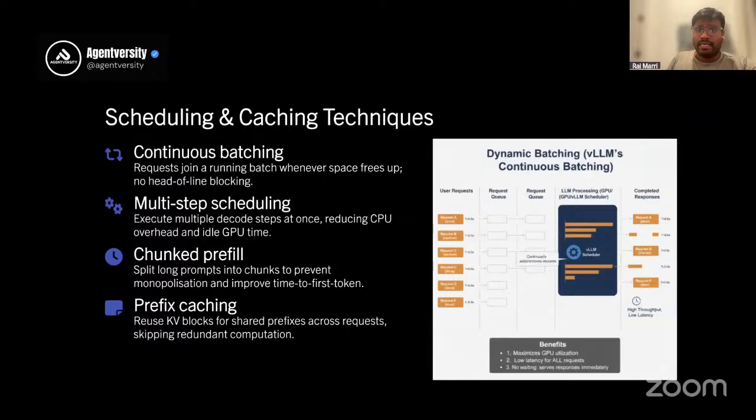And scheduling and caching techniques. Yeah, we already discussed continuous batching. In continuous batching, what happens is vLLM schedules, treats every request, and batches those requests together. Batching is nothing but creating blocks for different requests, so you're not blocked by one huge request.